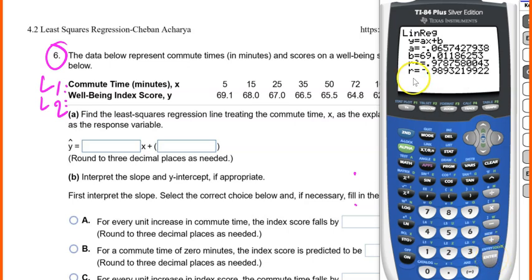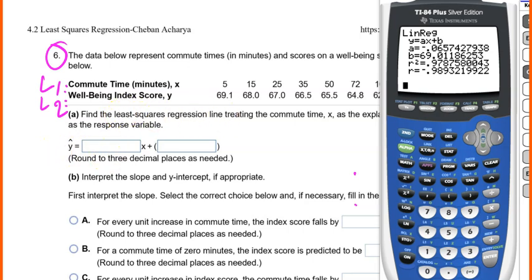I see the y equals ax plus b form, where a represents the slope like m, and b represents the y-intercept. When you type it, you round the slope to 3 decimal places, which is negative 0.066. There is no y hat on the calculator, but the least squares regression line is always written with y hat.